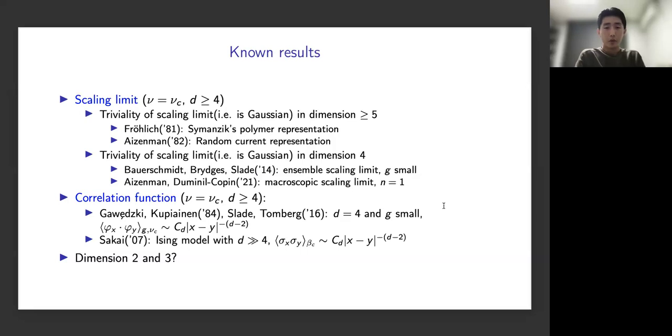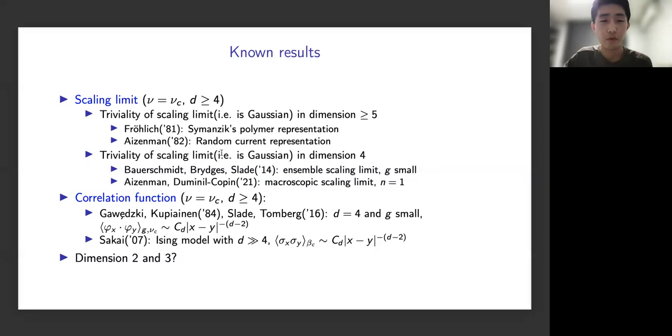So I'm now going to present some known results about the phi-4 model. People are usually interested in the scaling limit and the correlation function when dimension is greater or equal to 4. The term scaling limit is a bit vague. I'll be coming back to this point later and also describe terminologies like ensemble scaling limit and macroscopic scaling limits later on.